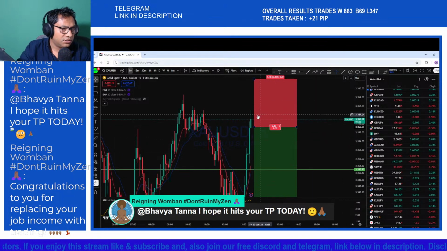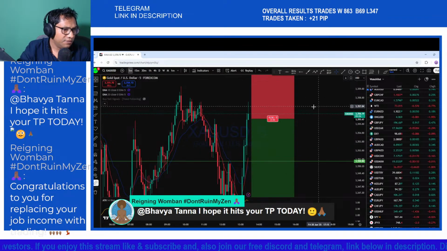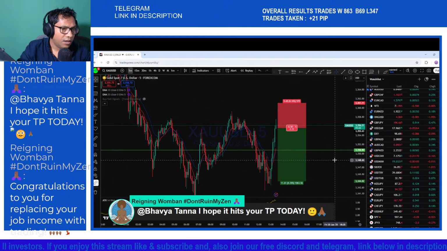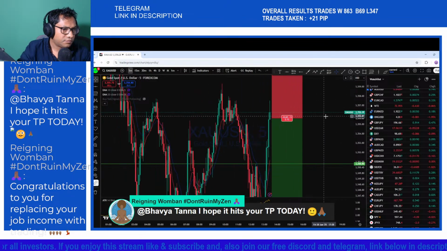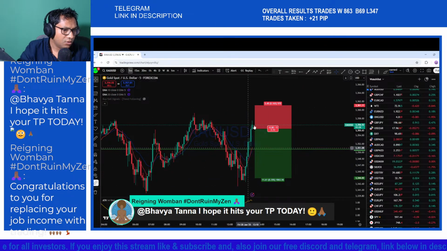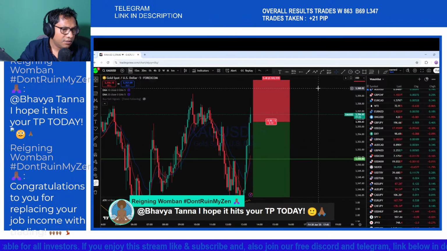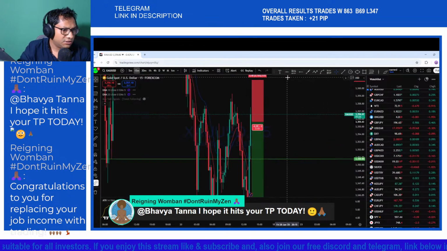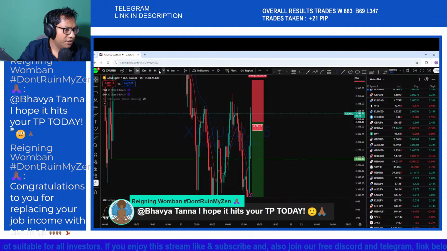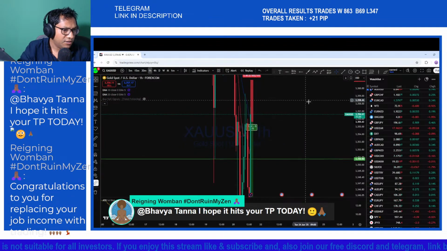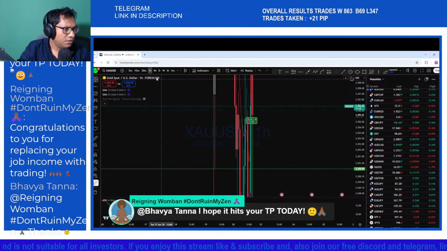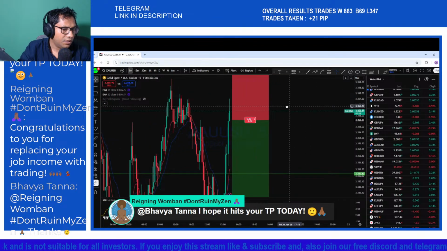Okay, here is the move that you can see, and with that being said, this is the area that we are looking to find a possible entry.